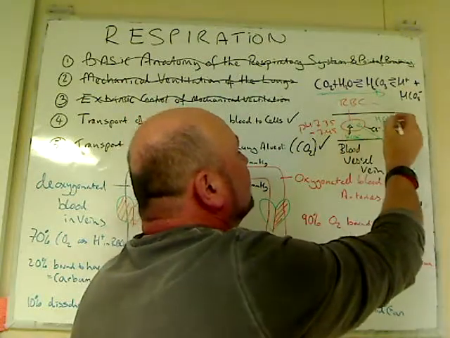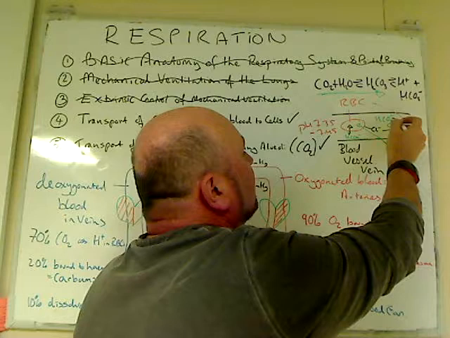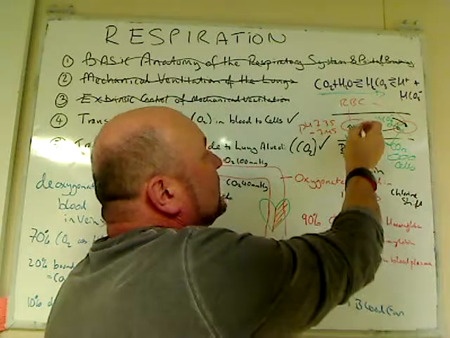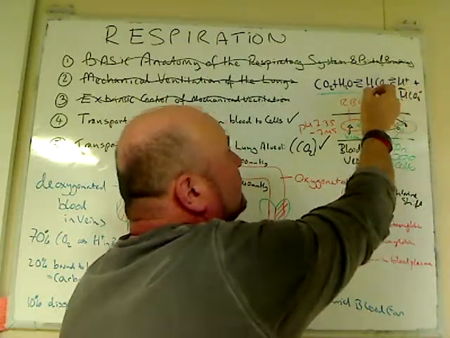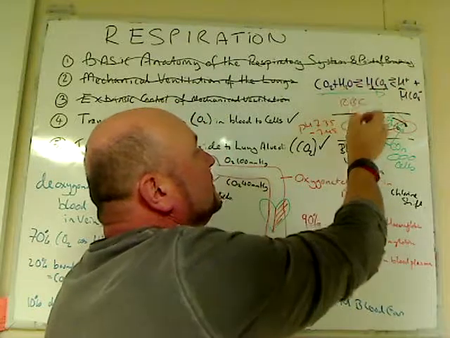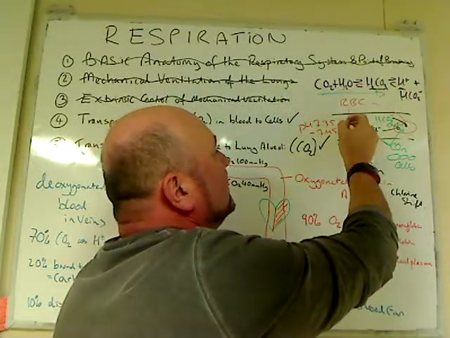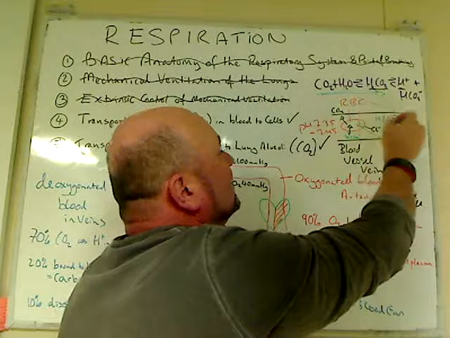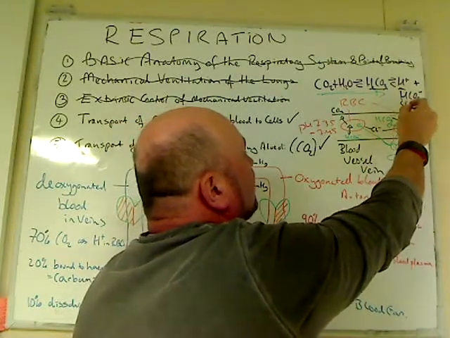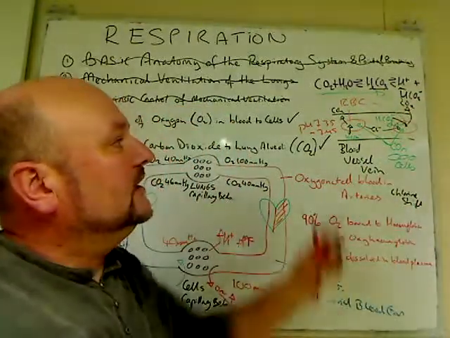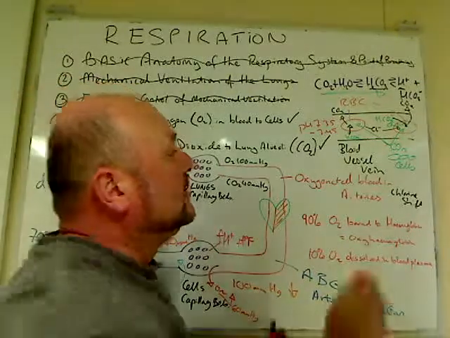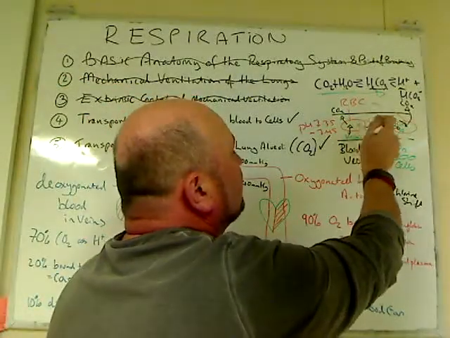Bicarbonate goes back in, merges with the hydrogen ions, reforms carbonic acid, and that breaks down to water and carbon dioxide. Carbon dioxide comes out and enters the lungs.